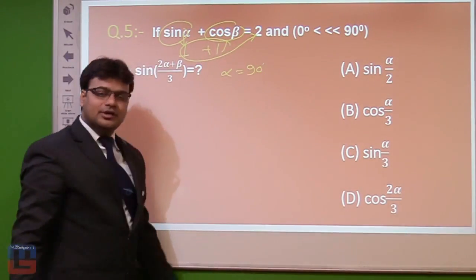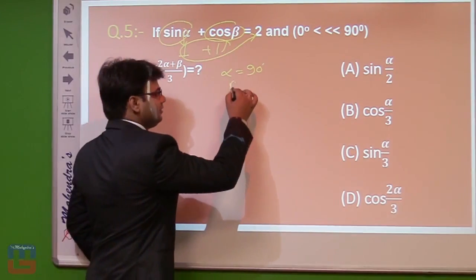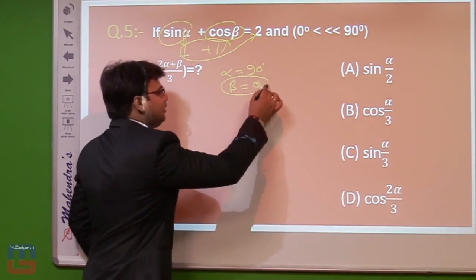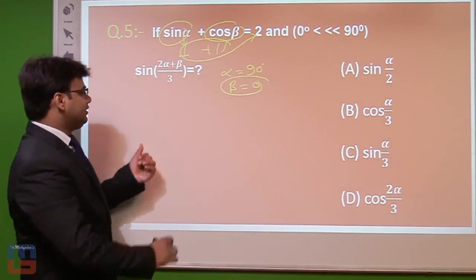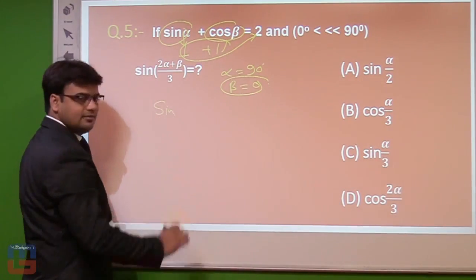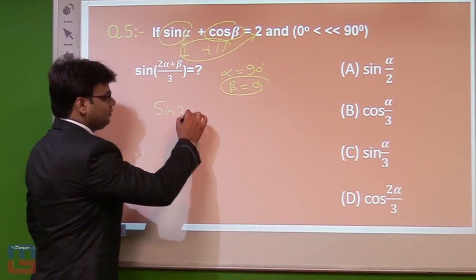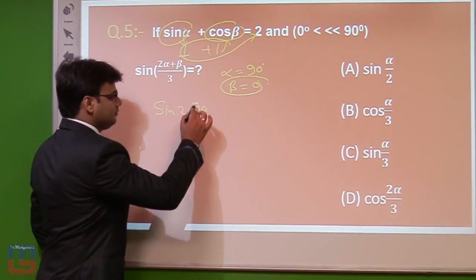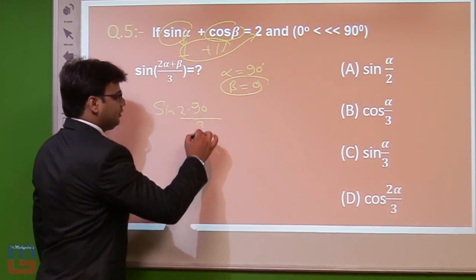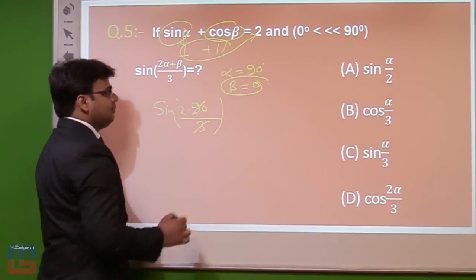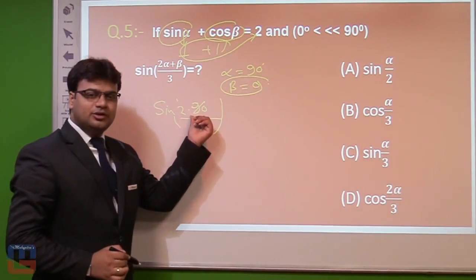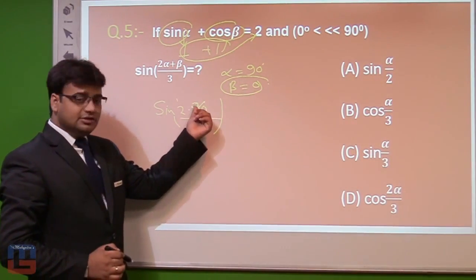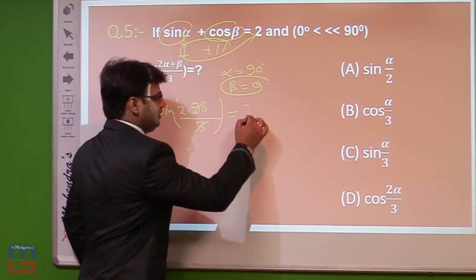If cos beta is equal to 1, that means beta is equal to how much? 0 degrees. Putting this value in the required equation, that means sin 2 alpha upon 3 plus beta, that means 2 into 90 by 3, that means we write as sin 60.